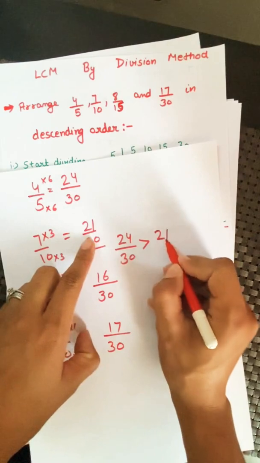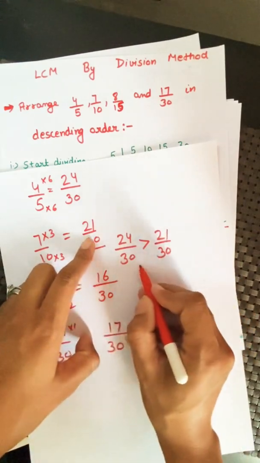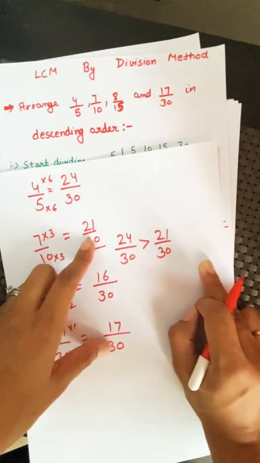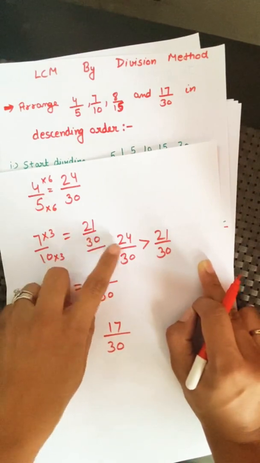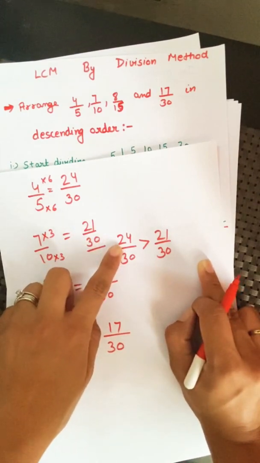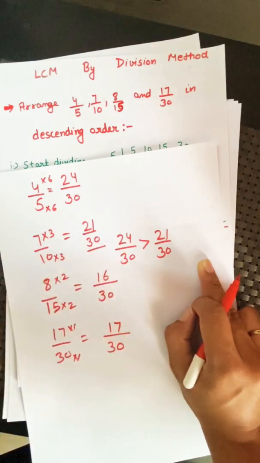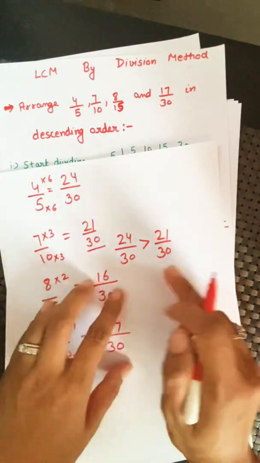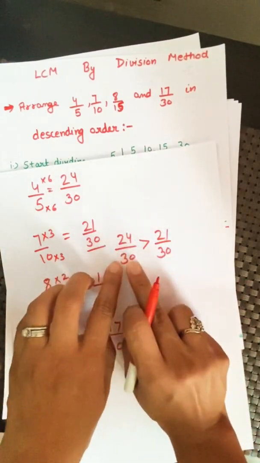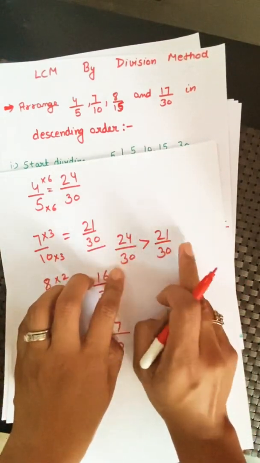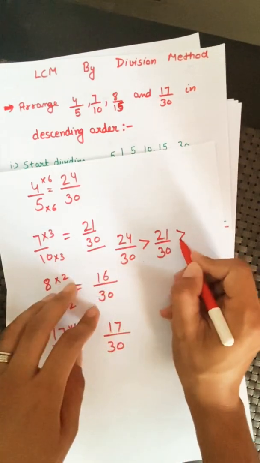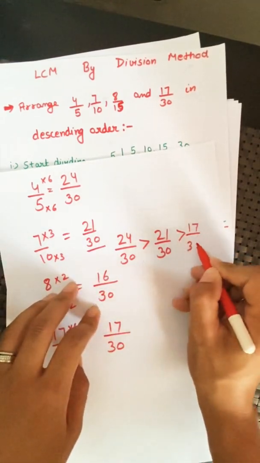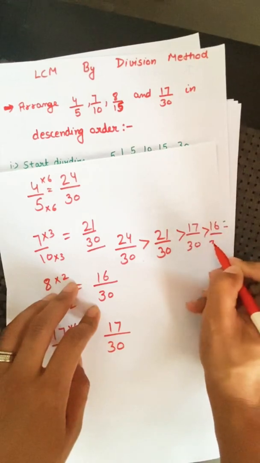Now 21 by 30, as the denominator is the same, so we will compare the numerators, and the one with the greater numerator is the greater of the numbers. Okay, so 24 is greater than 21, so we will write 24 by 30 is greater than 21 by 30, and then 17 by 30, then 16 by 30.